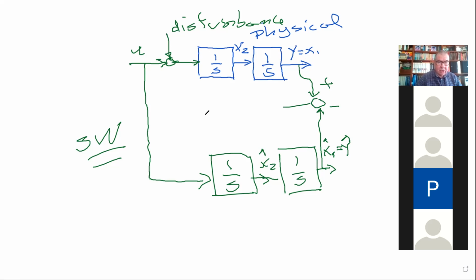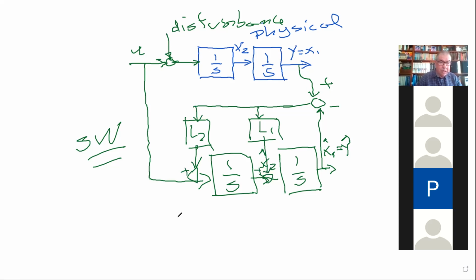And the correction term is very simple. You just multiply this by gains, L1 and L2, and you add here. Okay?